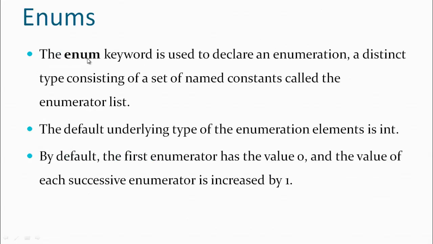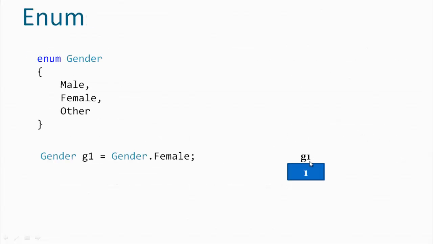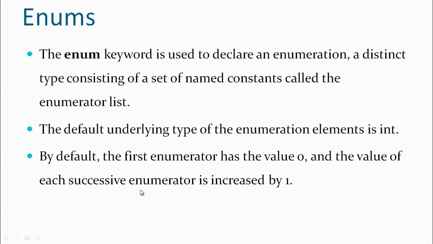The enum keyword is used to declare an enumeration, a distinct type consisting of a set of named constants called the enumerator list. The default underlying type of enumeration elements is integer, like this. G1 will by default be created as an integer. By default, the first enumerator has the value 0 and the value of each successive enumerator is increased by 1.